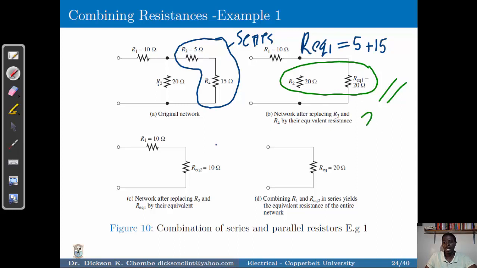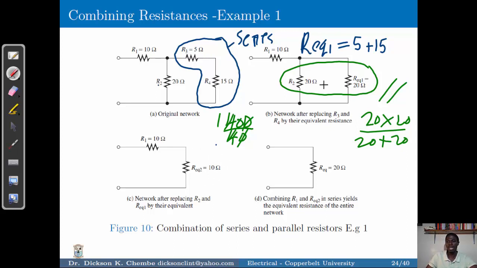In other words, we have 20 times 20 over 20 plus 20. This gives us 400 divided by 40, and that gives us 10. And this is how we obtain this resistance. So we now combine R2 and Req1 to obtain Req2.